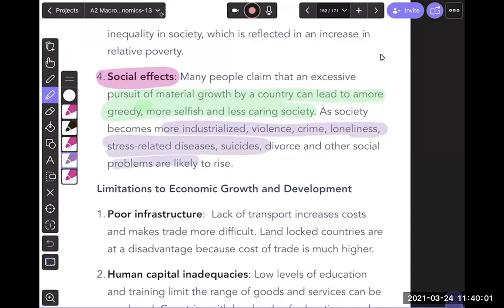So people become very self-centered. There is less focus on social goals.